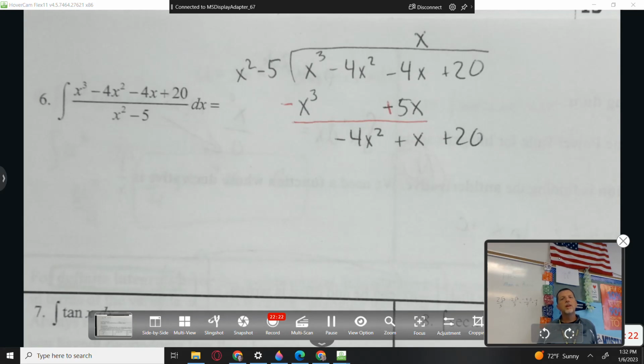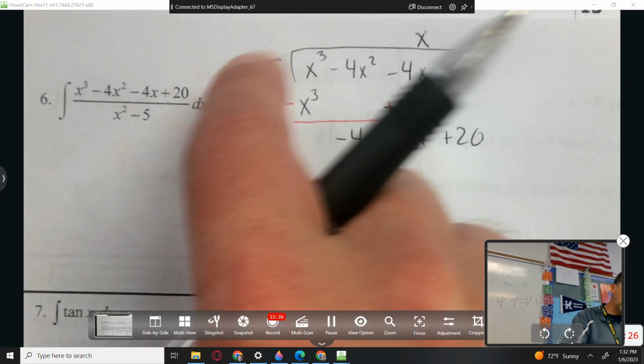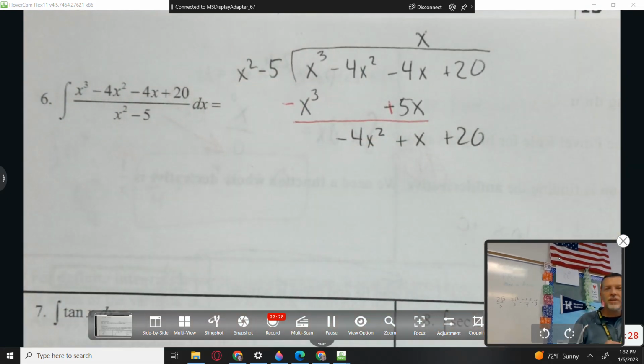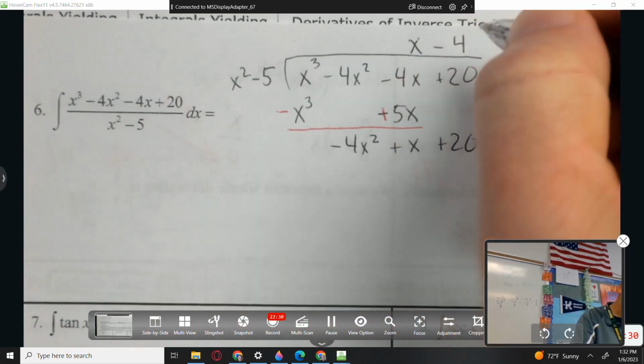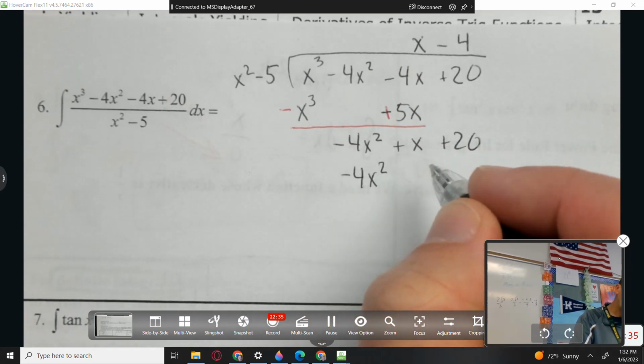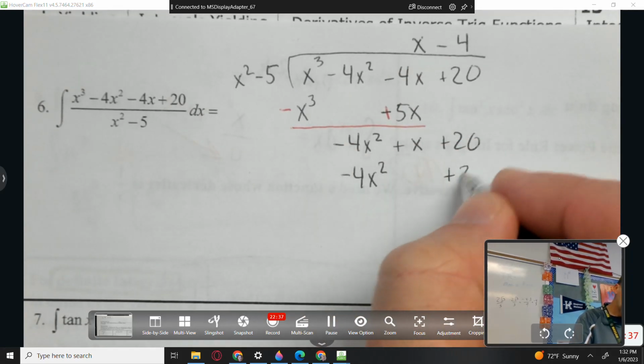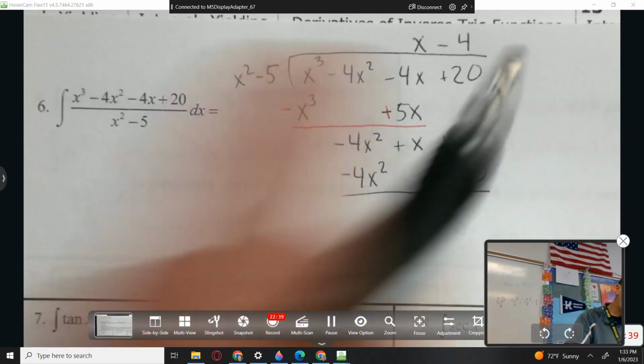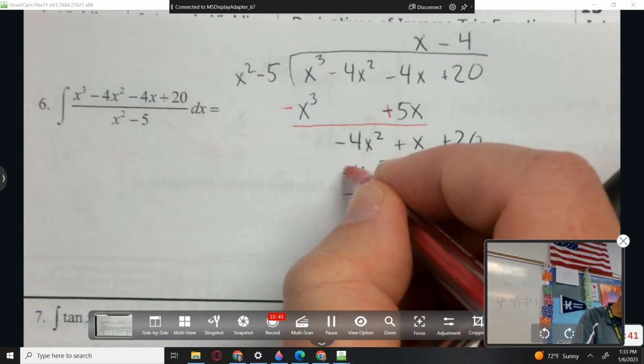And then repeat the process, just like we did in 4th grade. Something times x squared gets me negative 4x squared. Negative 4 would work. So negative 4x squared plus 20. And then subtract, which just means change those signs.